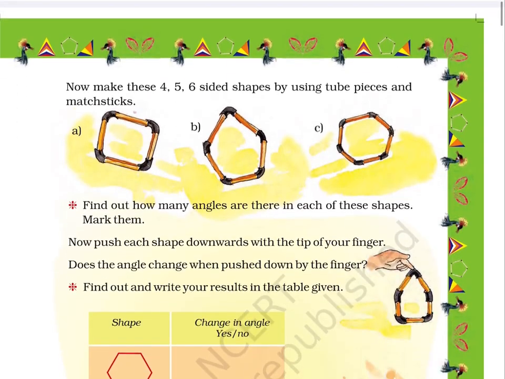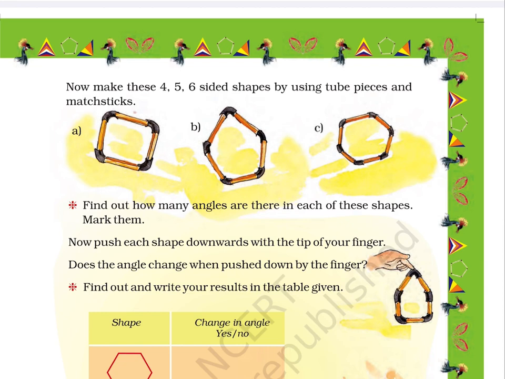Now make these 4, 5, 6-sided shapes by using tube pieces and matchsticks. A. 4-sided shape or a quadrilateral. B. 5-sided shape or a pentagon. C. 6-sided shape or a hexagon.